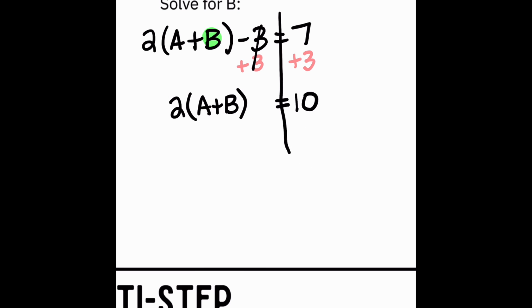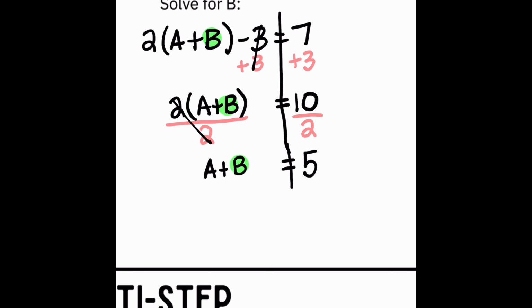Now, because this whole parentheses right here is being multiplied by 2, I can actually go ahead and inverse that 2 with division. So I can divide the problem by 2 in order to get rid of it without having to distribute. So I have A plus B equals, and we can simplify that as 5.